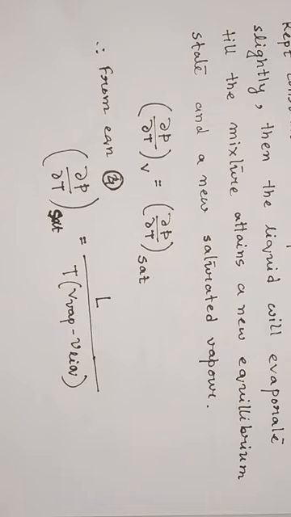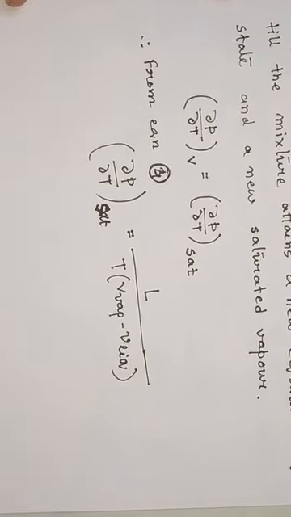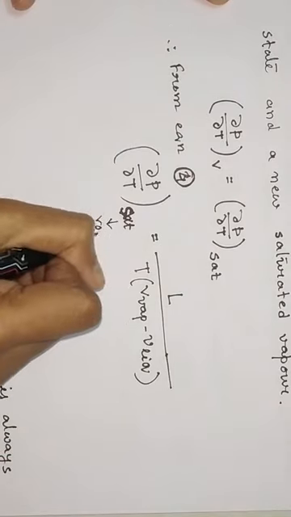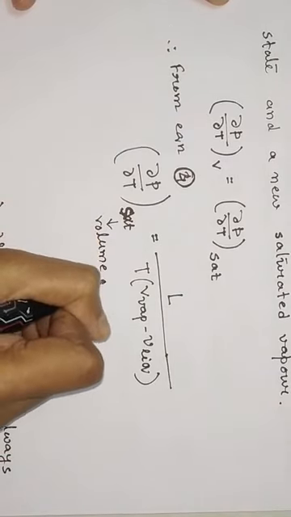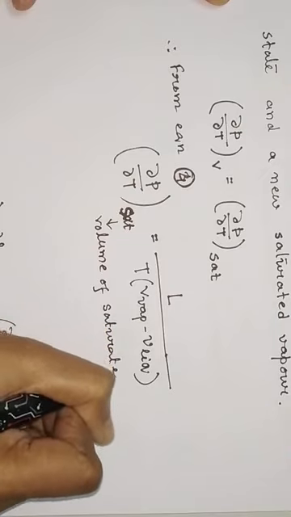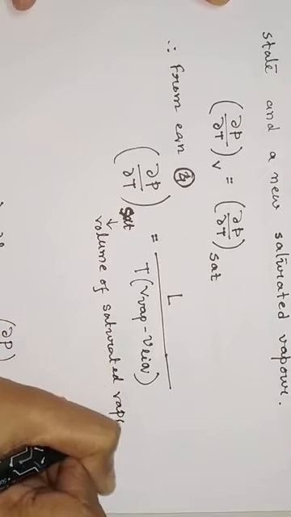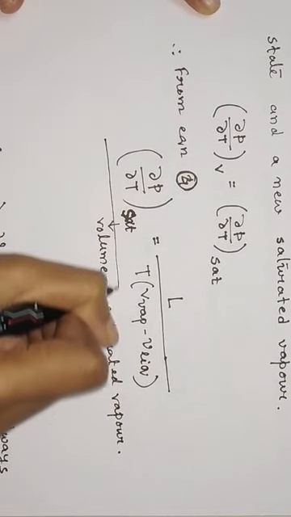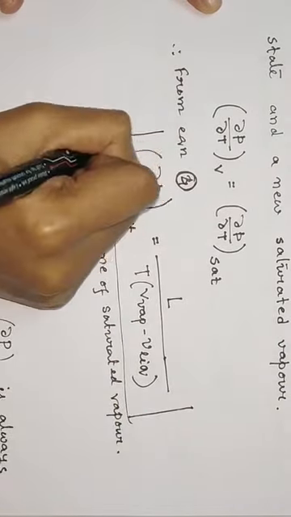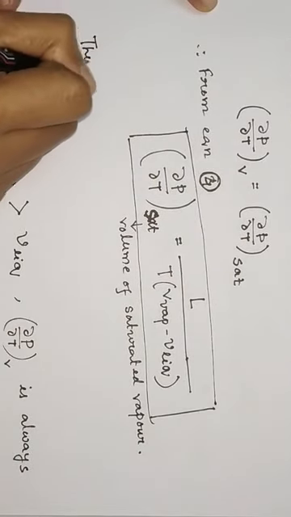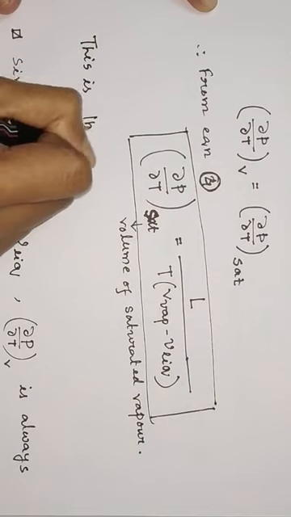So here you can write it is the volume of saturated vapor, and this is the Clausius-Clapeyron equation.